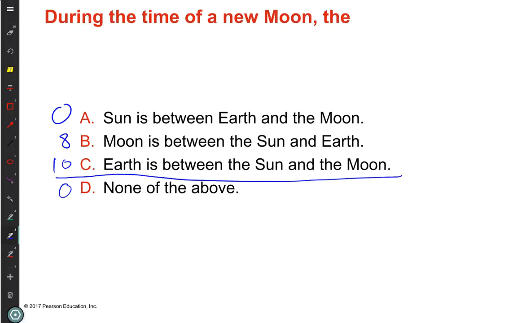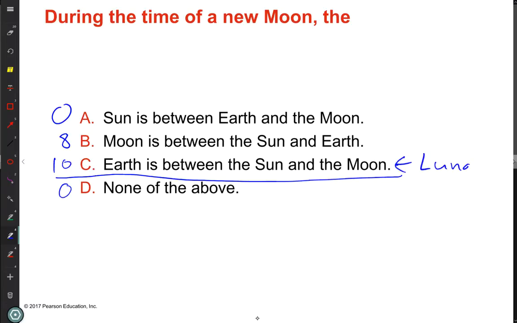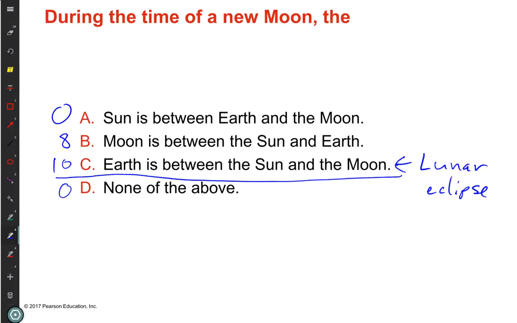Okay, this is the alignment that causes a lunar eclipse, when the shadow of the earth falls on the moon. But as per the previous question, the phases of the moon are caused by the shadow of the moon. And so if we're going to see the side of the moon that's in shadow from itself, we have to be on the opposite side from the sun.